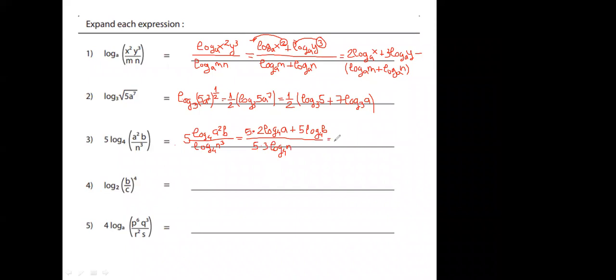And in the end, what we will get is 10, I copy this, logarithm 4 of a plus 5 logarithm 4 of b. And instead of the division, as explained before, we put subtraction. So minus 5 times 3 is 15.